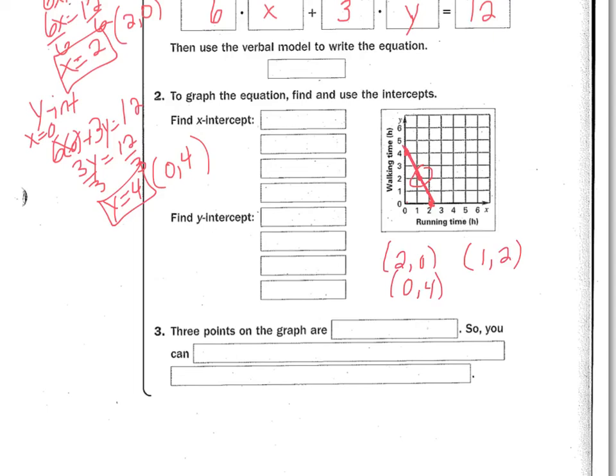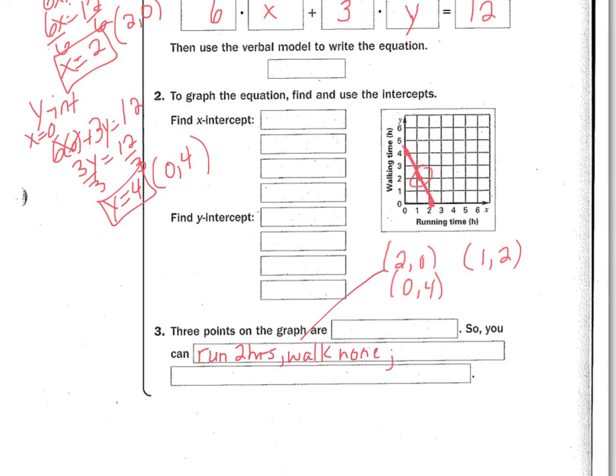And what that means is, with 2, 0, you can run 2 hours, walk none. There's that choice.